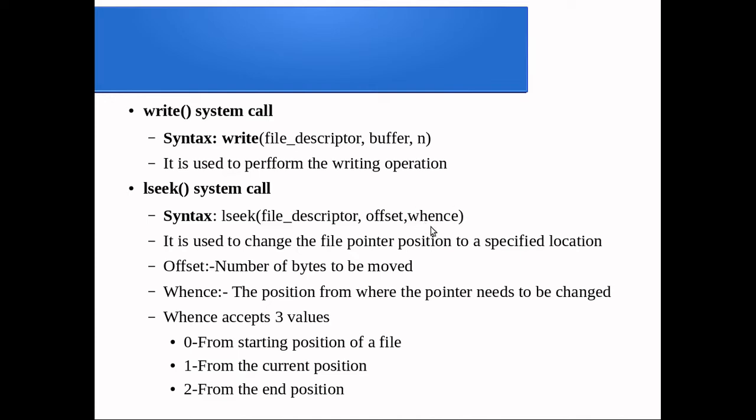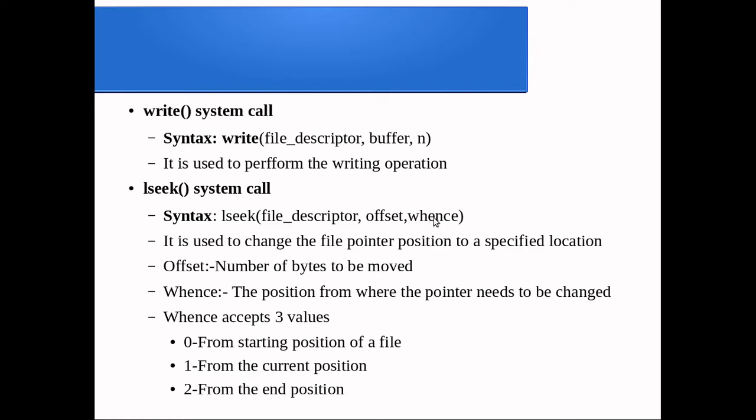If the whence value is 0, which means we change the file pointer from 0, whatever value we give in the offset, those many bytes are moved from the beginning of the file. So with whence value 0, from the starting of the file we move the file pointer.